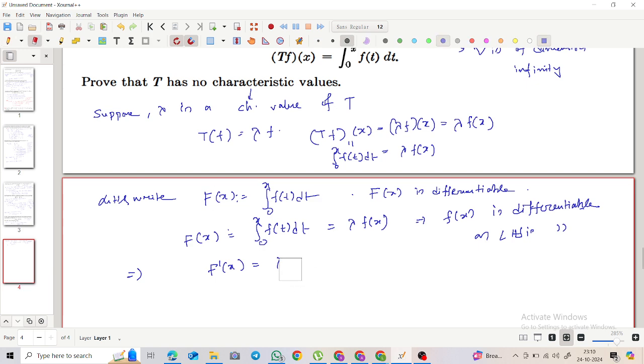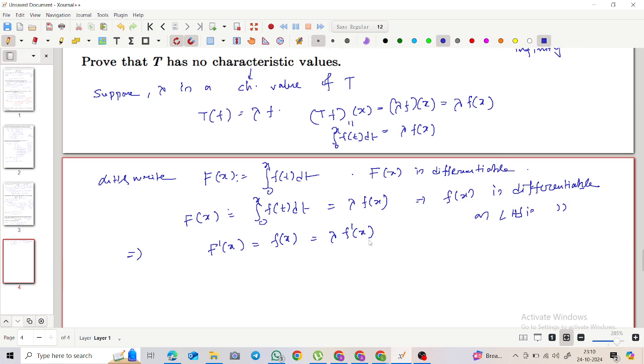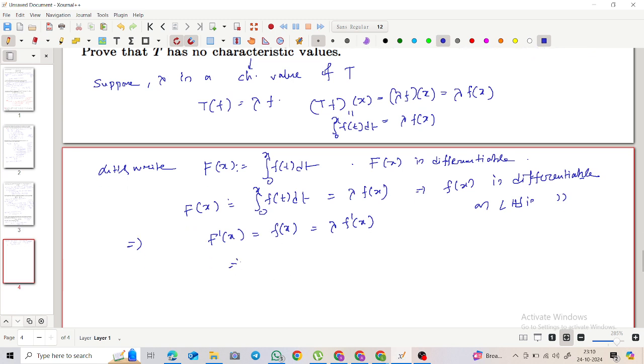But what is F prime x? Capital F is the primitive of small f, no? So you should guess this. That is equal to lambda f prime x, right? So we get this, that f(x) is lambda f prime x.